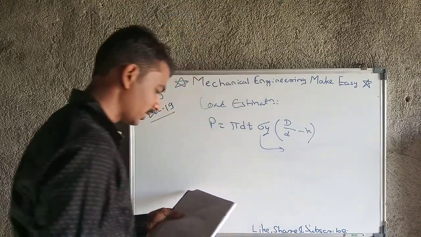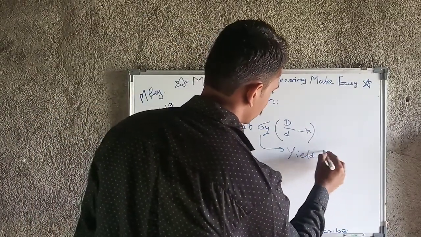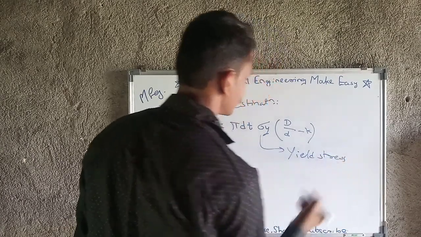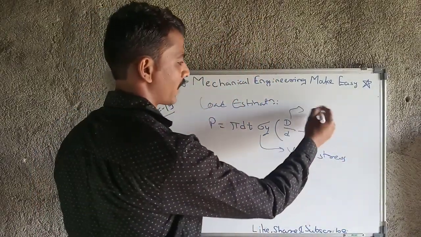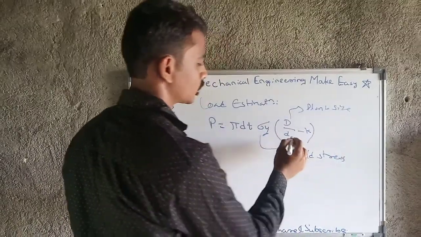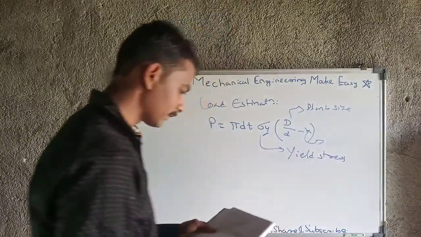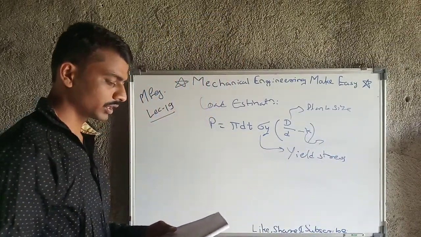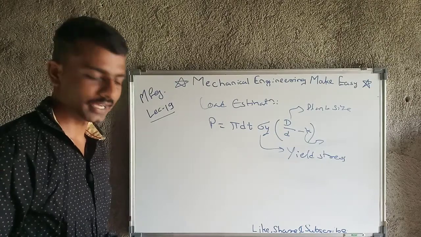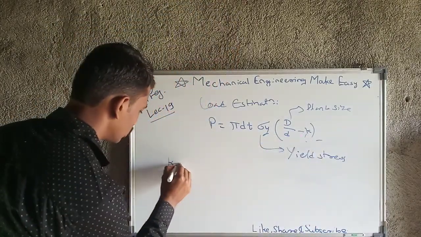Sigma y is nothing but the yield stress of the material. Capital D is the blank size, small d is nothing but the diameter of the output component, and what is k? K is nothing but a constant to cover friction, bending and corner radius.